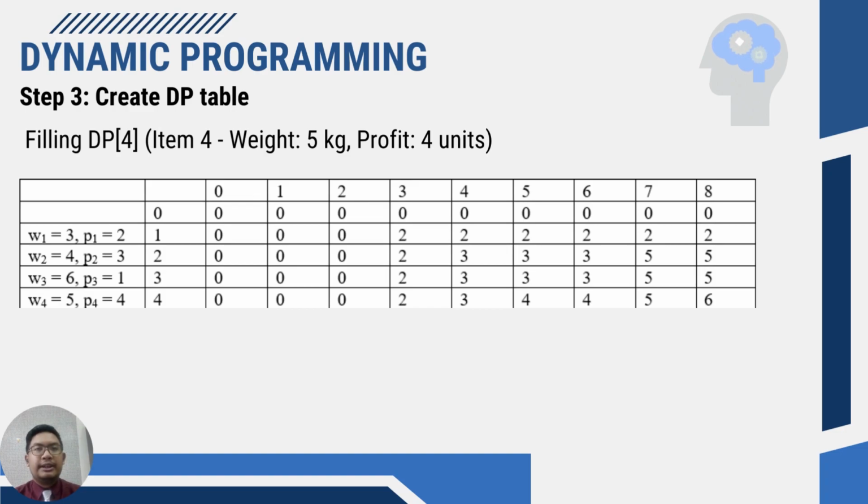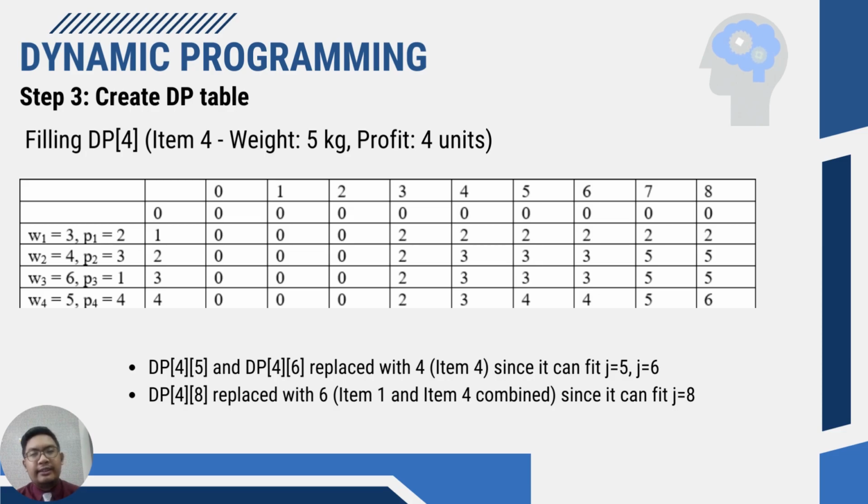Finally, for the fourth item with the weight 5 kilograms and profit of 4 units, we can see that the changes only occur at knapsack limits 5, 6, and 8. Why this happens is the same as before. On knapsack limits 5 and 6, we can pick the fourth item.